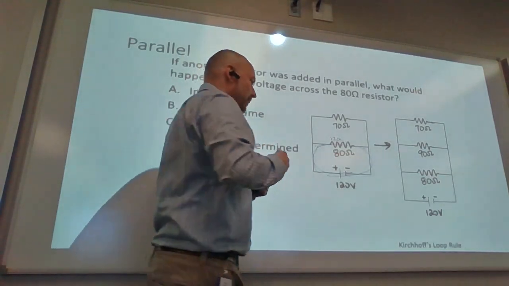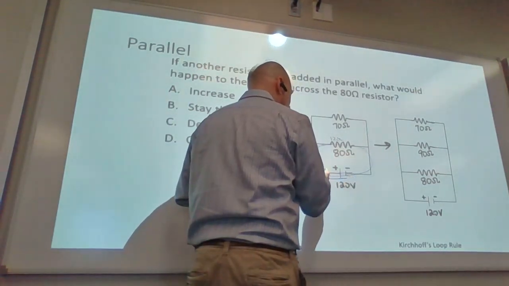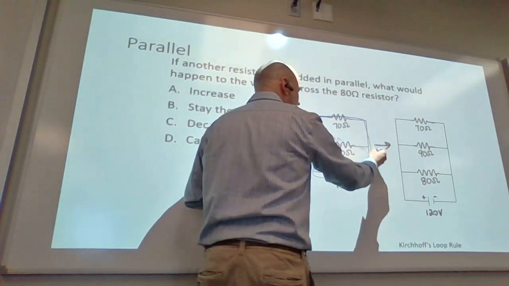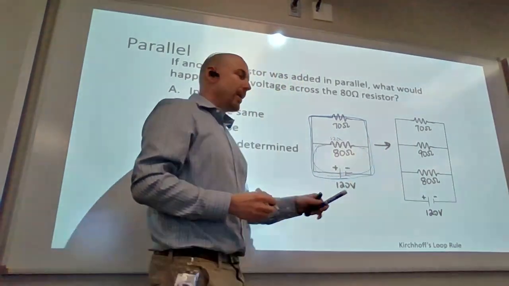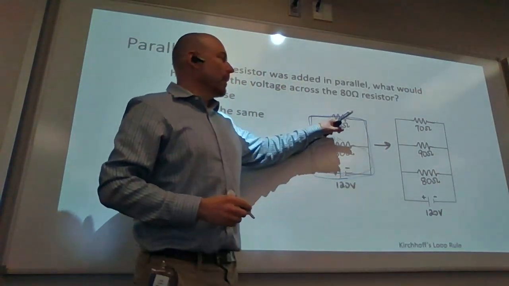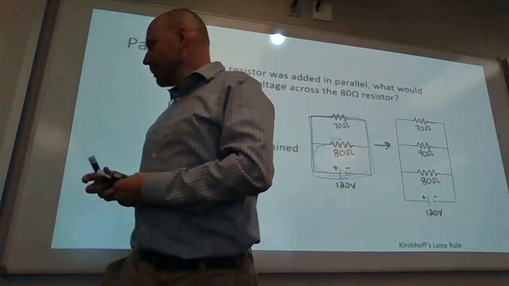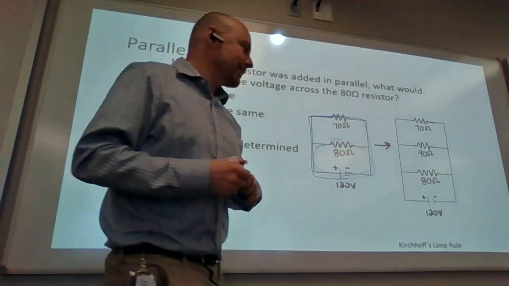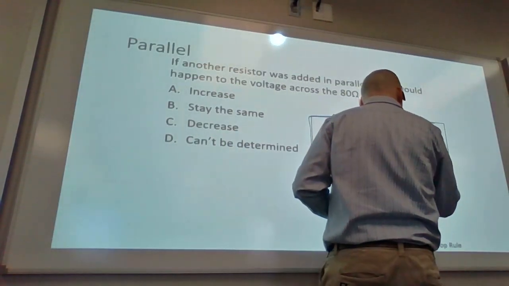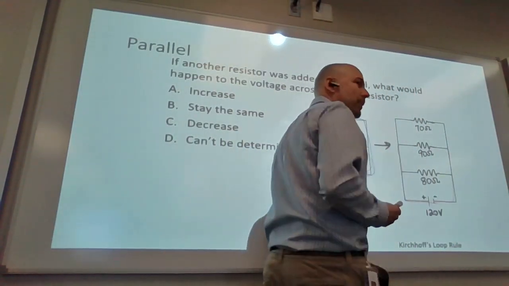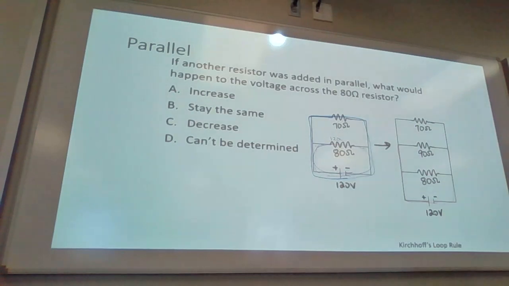The voltage gain on this loop is equal to the voltage drop on that loop. 120 volt gain, 120 volt drop. If we add another loop, that's totally fine because it's an independent loop. 120 volt gain equals 120 volt drop.